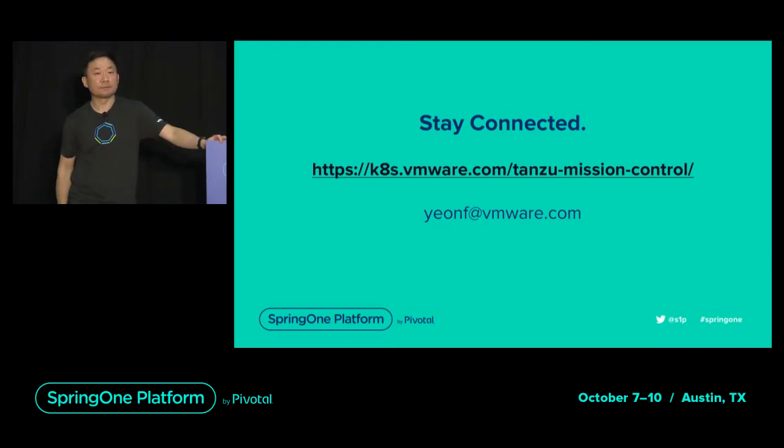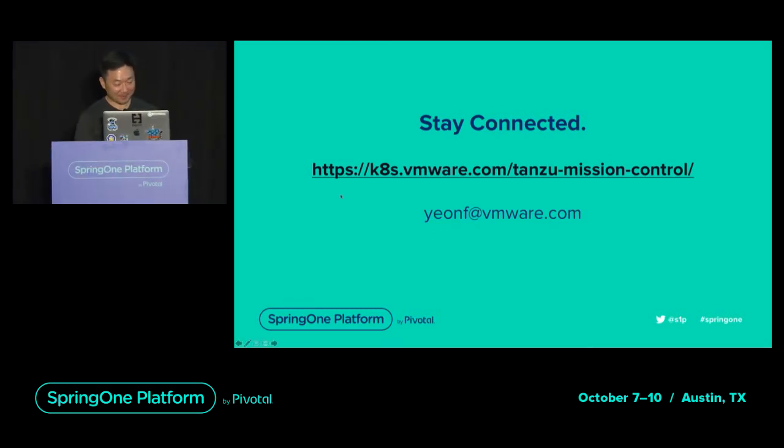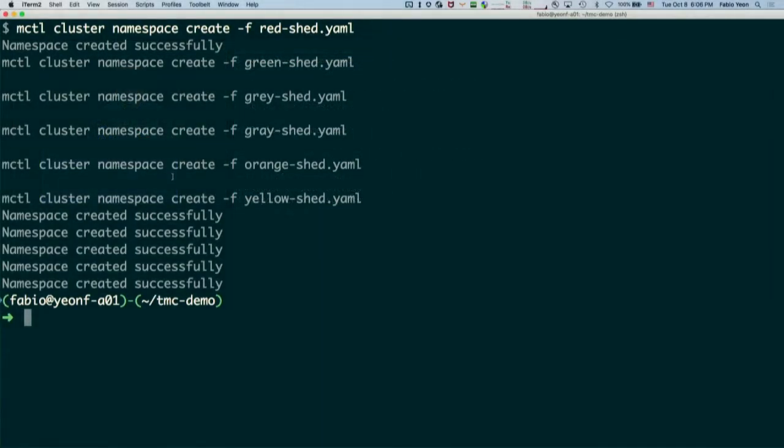Is there some sort of declarative config file that you can check into Git that would have all of your Mission Control information? The question is, is there some way to have a file they can actually use to check in and do Git operations? And actually, I just realized that I did not show this.